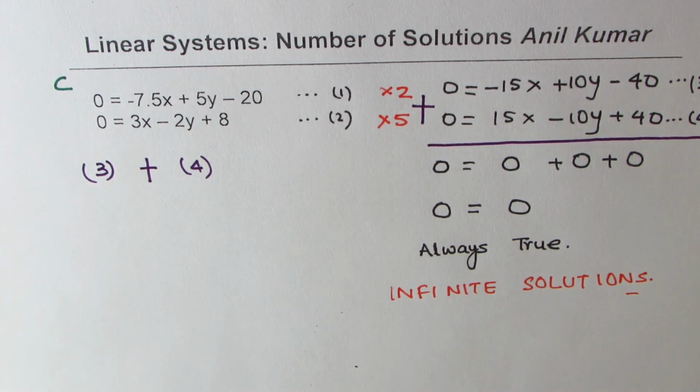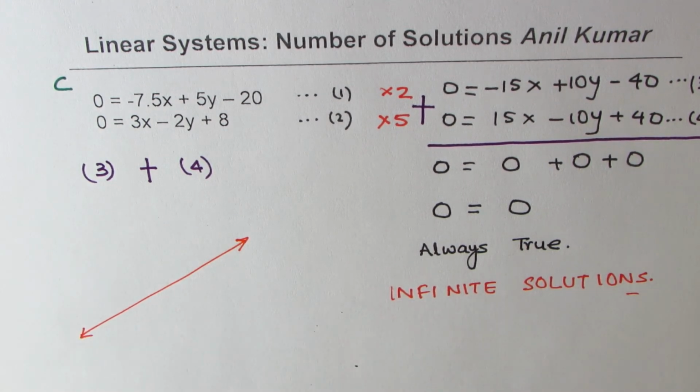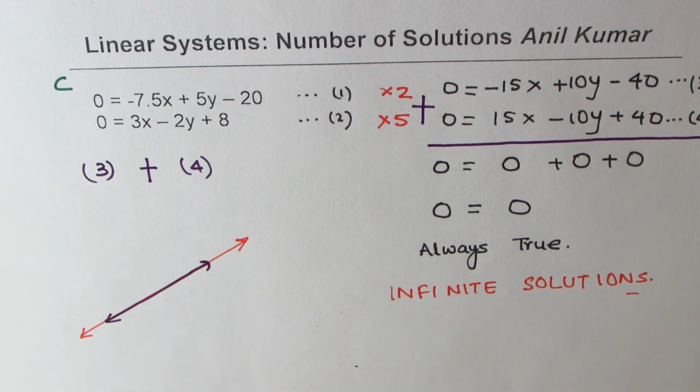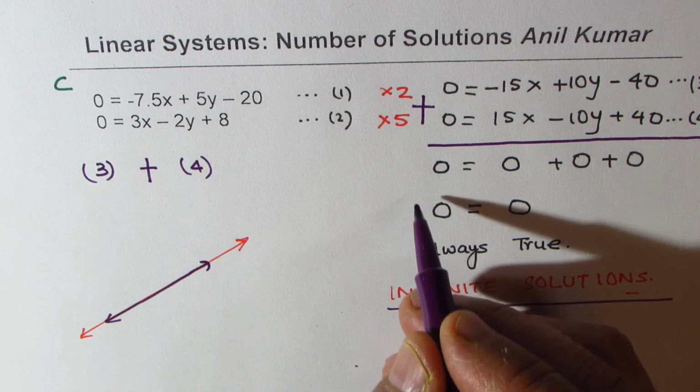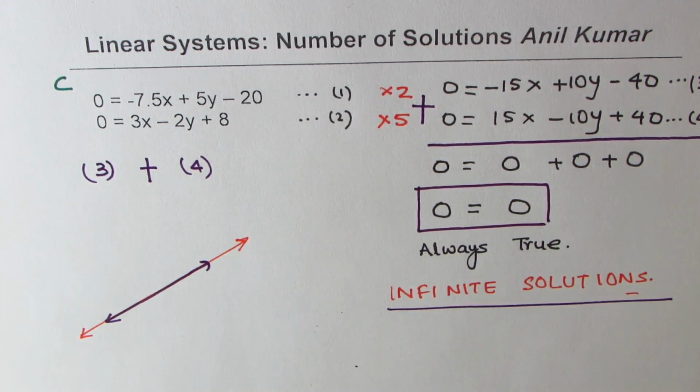That really means that both the lines are overlapping, correct? That is how we actually find the number of solutions. In this case, the lines are one over the other. They're exactly the same lines, and so we have infinite solutions. If you get the condition 0 over 0, then the system of equations will provide you with infinite solutions.